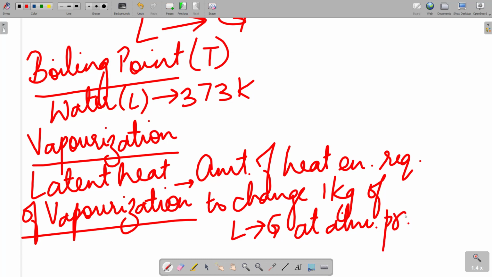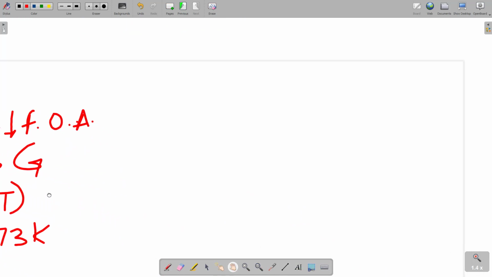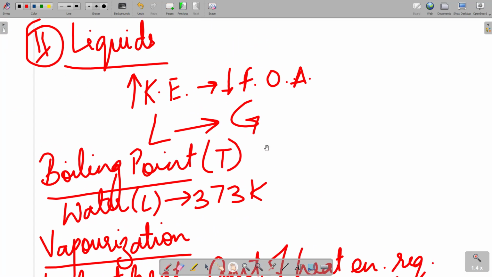This is what is known as latent heat of vaporization. So let's look at it closely. Okay. So liquids में whenever we increase kinetic energy, force of attraction break up होना शुरू हो जाएगा.